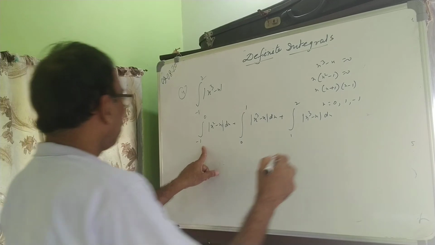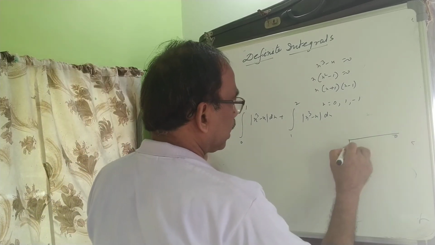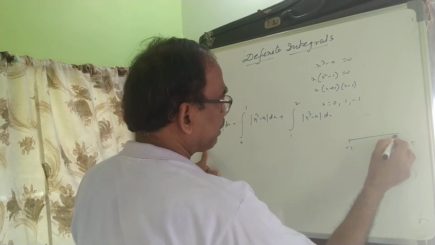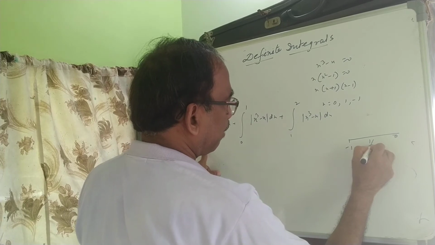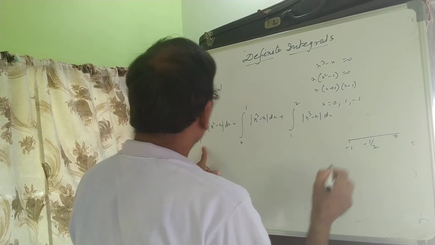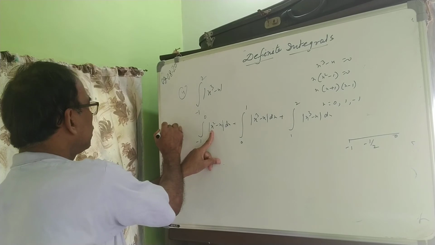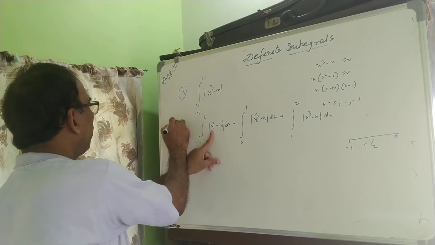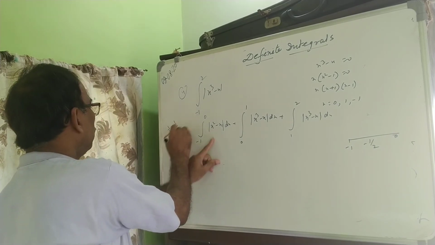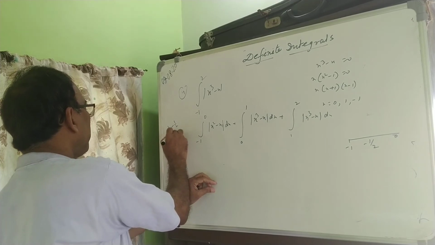Now for minus 1 to 0, within this interval suppose x is minus half. So minus half gives 1 by 4 minus 1 by 2, where 4 is the LCM, 1 minus 2, that is negative.